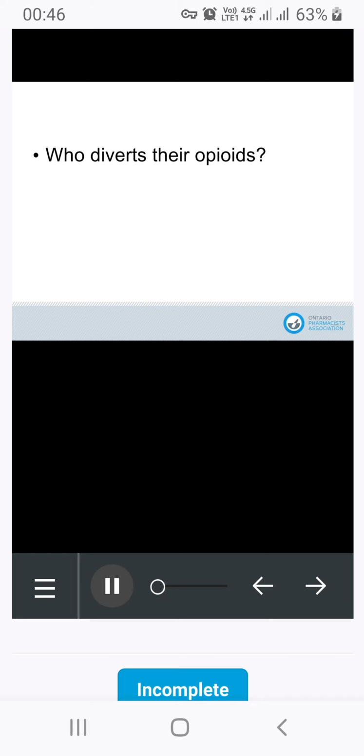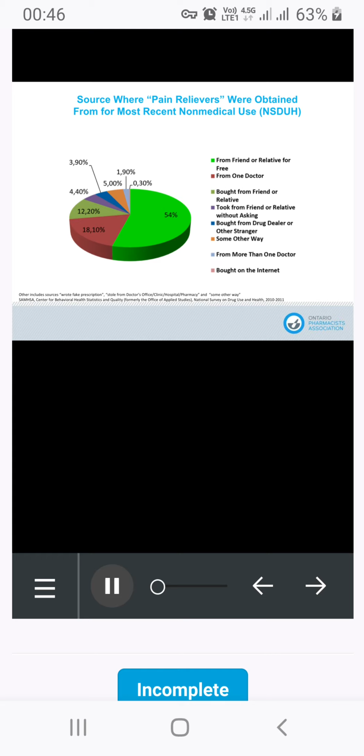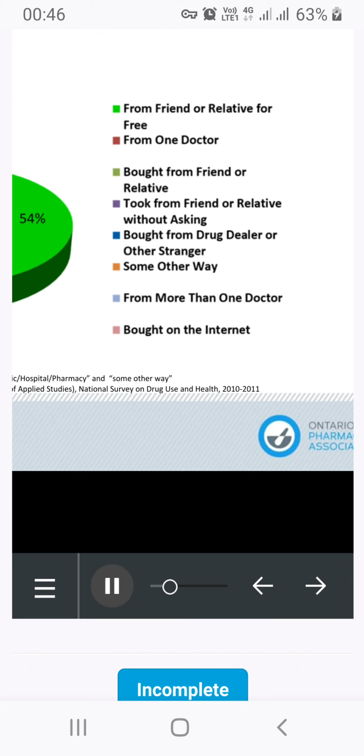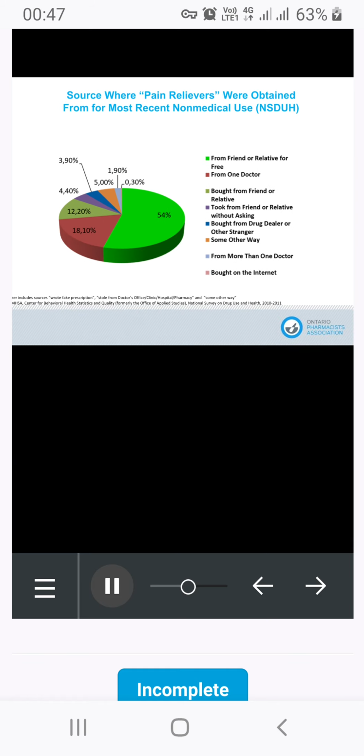Who diverts their opioids? Sources where pain relievers were obtained for the most recent non-medical use, per NSDUH: from a friend or relative for free, from one doctor, bought from a friend or relative, took from a friend or relative without asking, bought from a drug dealer or other stranger, some other way, from more than one doctor, or bought on the internet. For the most part, 54% is from a friend or relative for free, but from more than one doctor is 0.3%.